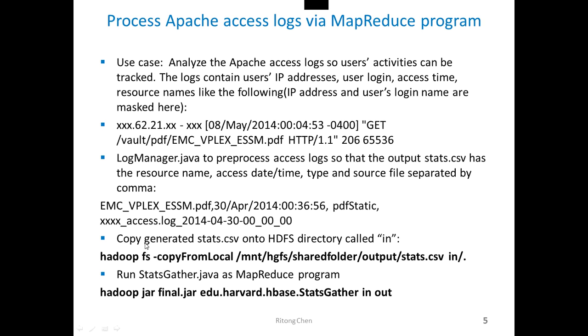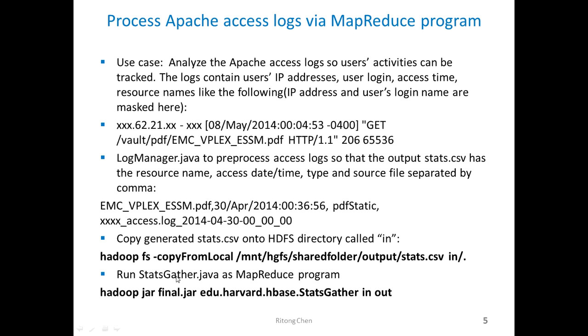After that, I copy this stack CSV from the local directory to the Hadoop HDFS directory. And then I create another program called Stack Gatherer. This Stack Gatherer is nothing but a regular MapReduce program.